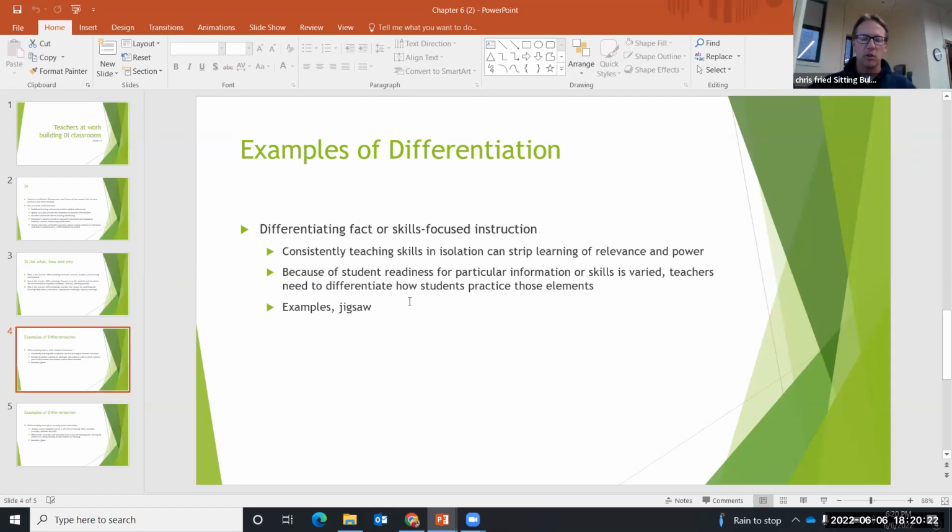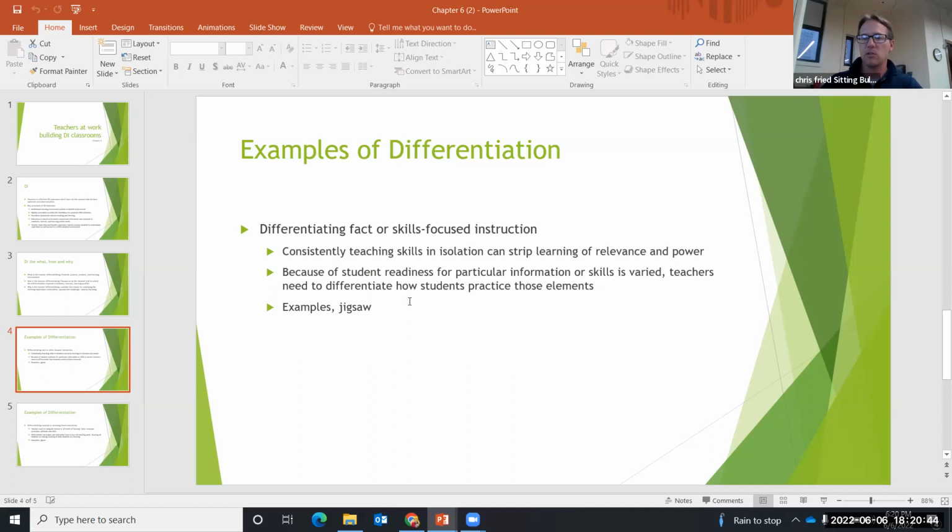Well, you might split your class into smaller groups, give each of those groups a part of that topic, a part of that concept, a part of that idea. They research it, they work on it, they study it, and then they present that information to the rest of their classmates in whatever way they want to present it.